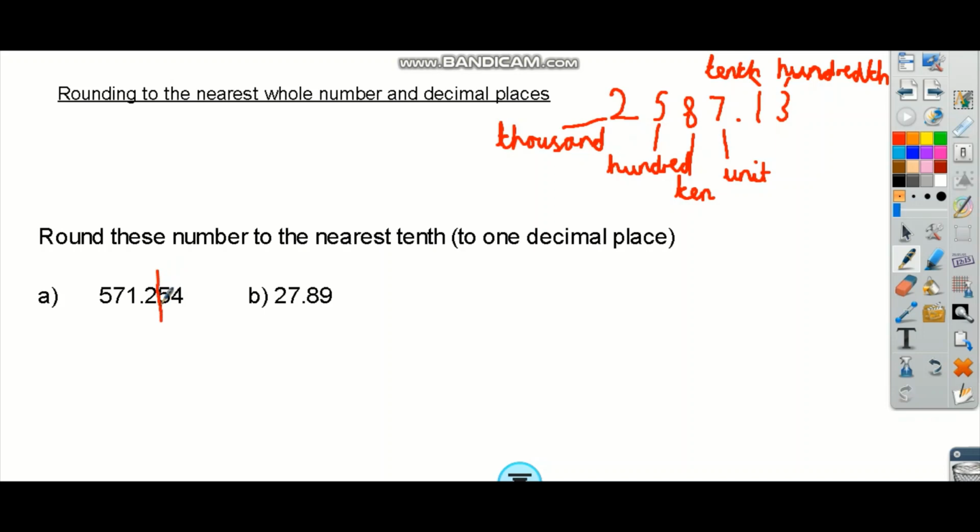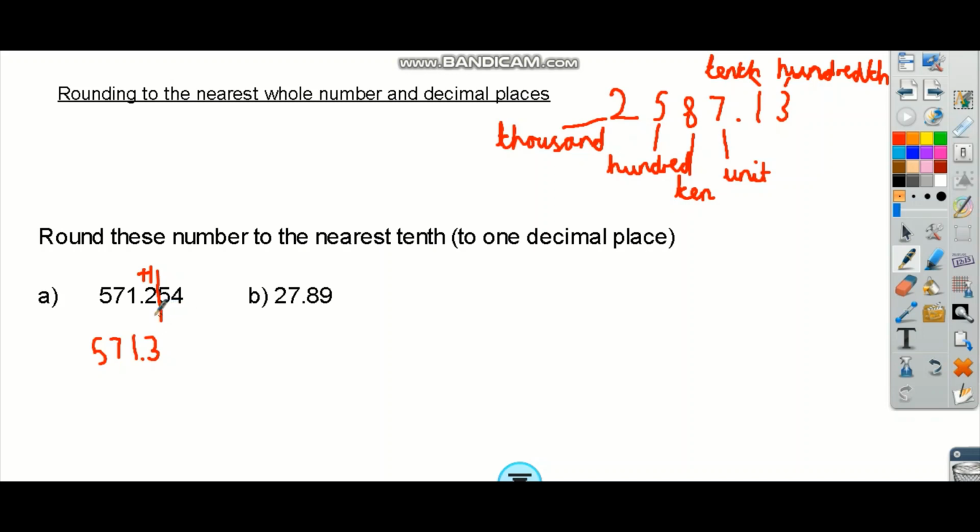You then see if the number after the line is 5. If this is 5, you also have to add 1 here, because if it's 5, then it's also rounding up. So we add 1 to a 2, which makes it 3, and then we change the 0, and then we put all the other numbers back down and put the decimal point.